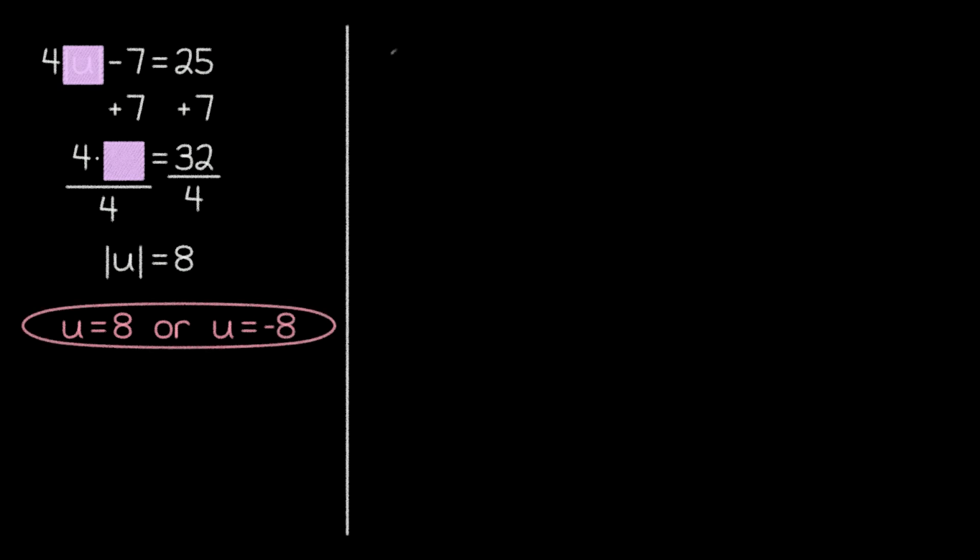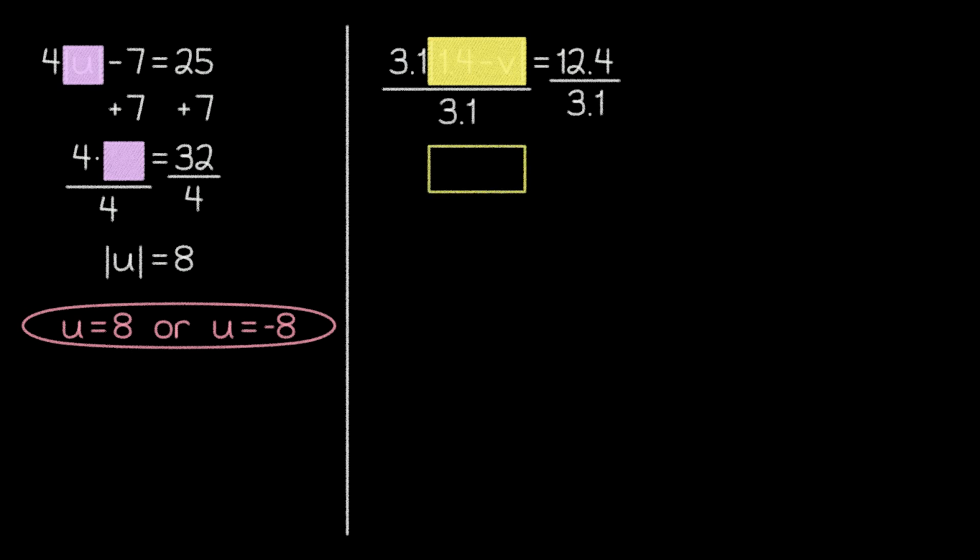In our next problem, we're going to start once again by drawing a box around the absolute value bars. Then, if we divide by 3.1 on both sides, we'll be able to isolate the box and move forward in the problem-solving process. Next, we can draw a box around the 1.4 minus v to see that the absolute value of the box is equal to 4.